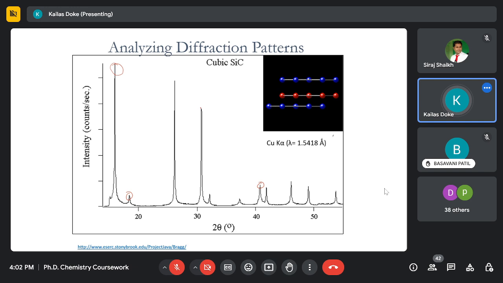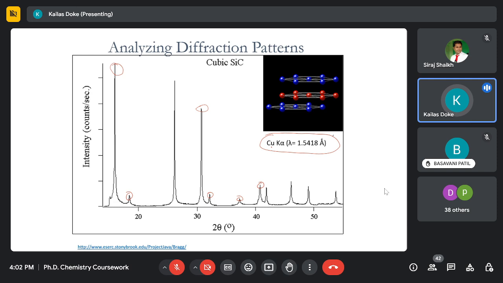I have mentioned, like in the research paper, copper K alpha, which indicates that copper is an anode material, and the electron is ejected from the K shell, the core shell. An electron jumps from the L shell to the K shell. Therefore, the energy difference between the K shell electron and the L shell electron is emitted as radiation, in the form of X-radiation having wavelength lambda 1.5418 Angstrom. So in every research paper, this line is given.